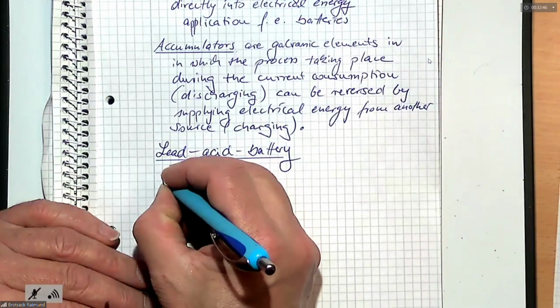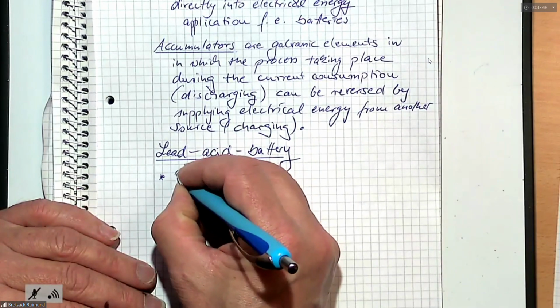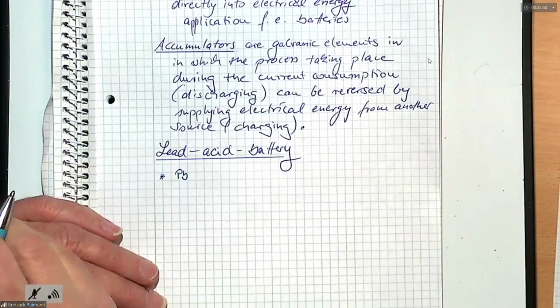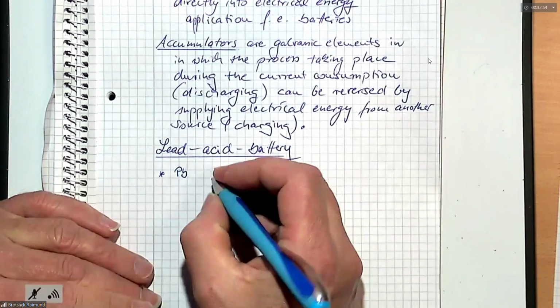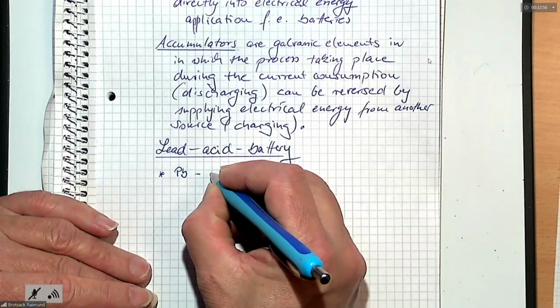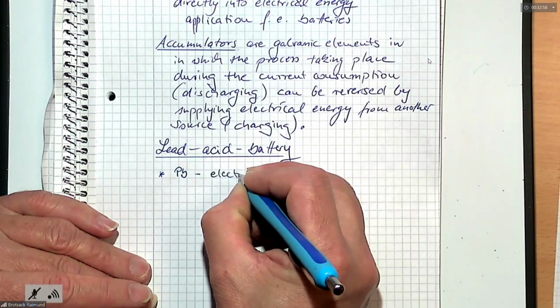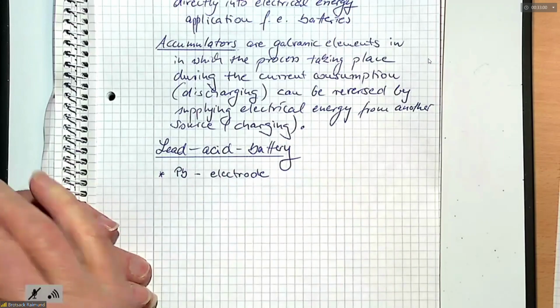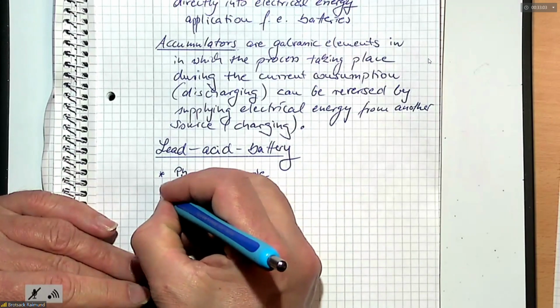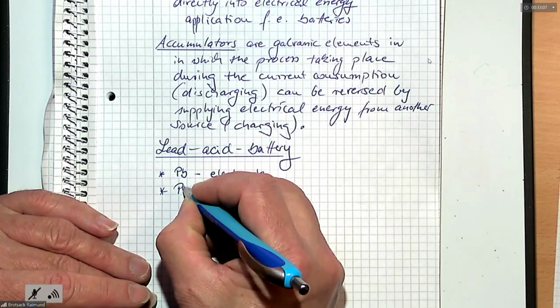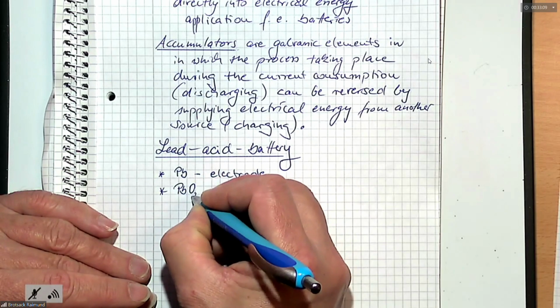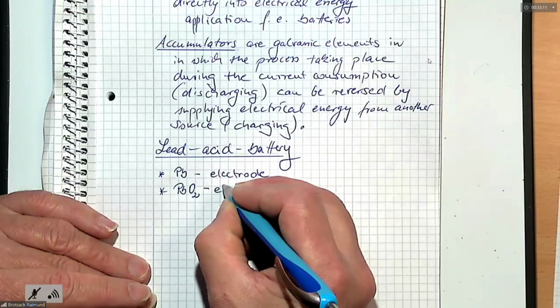So even here we have one electrode out of elementary lead, the symbol Pb. So we have a lead electrode, and the other electrode is a lead oxide electrode, in this case a PbO2 electrode.